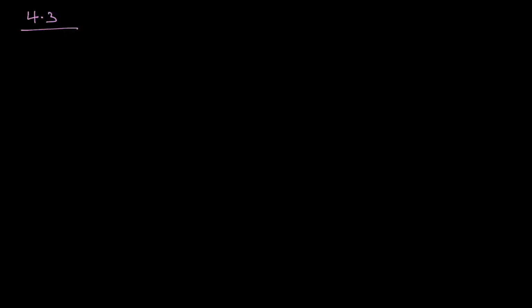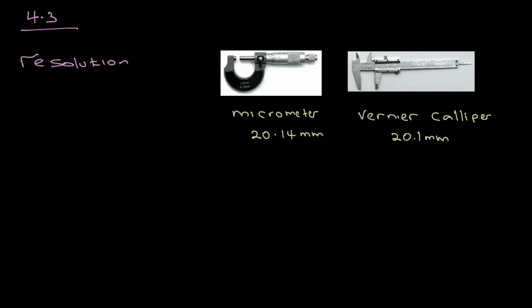Table 1 shows the result. Complete the sentence. The results in Table 1 show that the vernier caliper and the micrometer have a different resolution. This is a micrometer, this is the value obtained, and this is a vernier caliper, and this is the value obtained. So these have a different resolution. You have to use the word resolution, otherwise you will not get the mark.